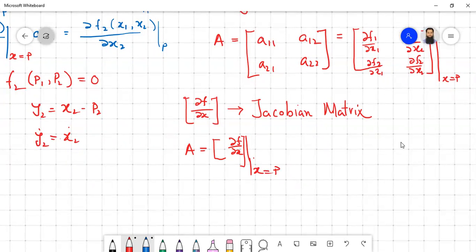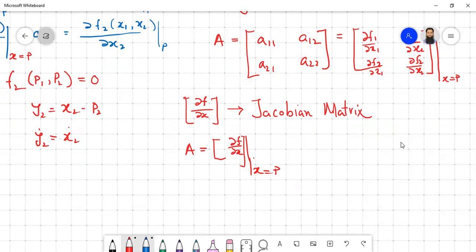Once you evaluate the Jacobian matrix, we get the matrix A. This system matrix helps us find out what is happening in our system, and from it we can obtain the eigenvalues of the system. Once we know the eigenvalues, we can find out the equivalent behavior of the system. So what about the roots?